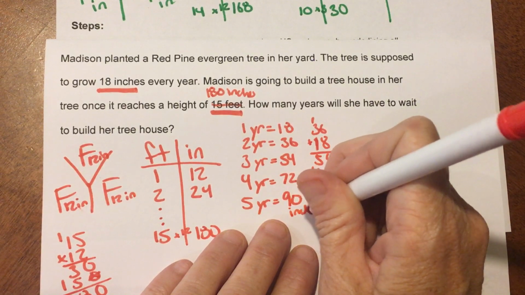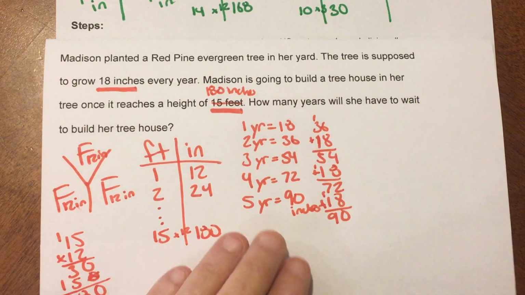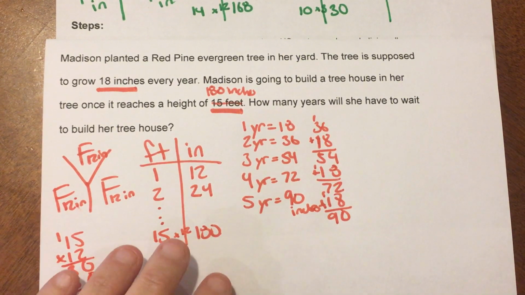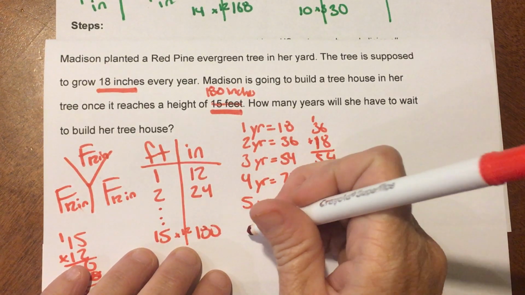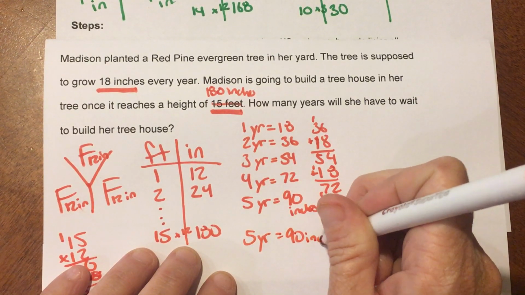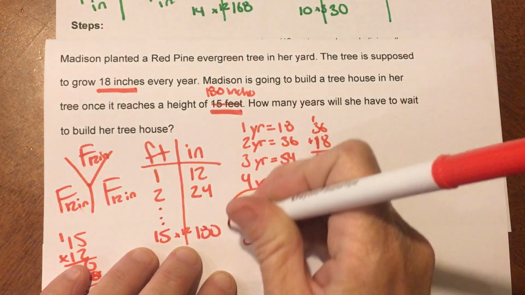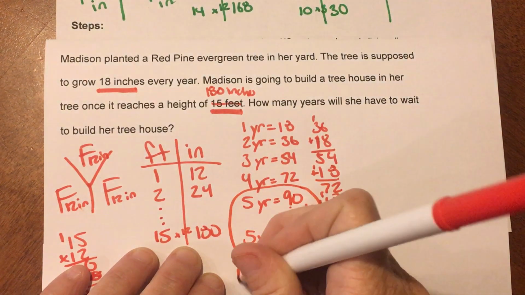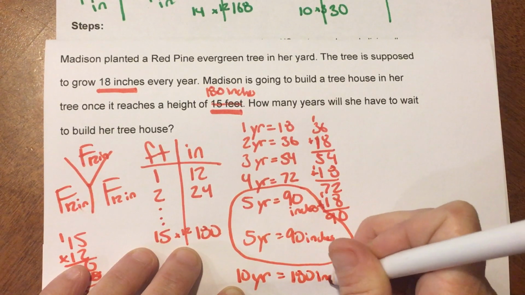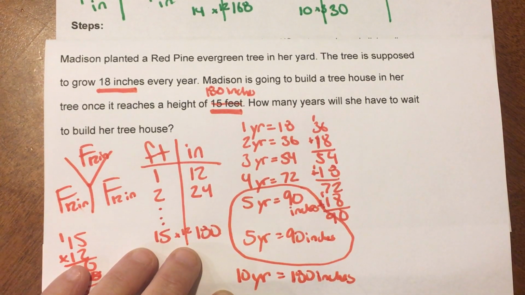So in 5 years, it's going to be 90 inches. Well, I know 90 is half of 180. So if she gets 5 years 90, and then another 5 years, another 90, when I put those two together, that means in 10 years, she's going to have 180 inches.